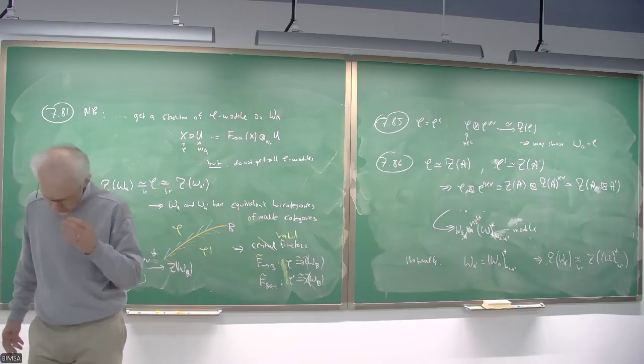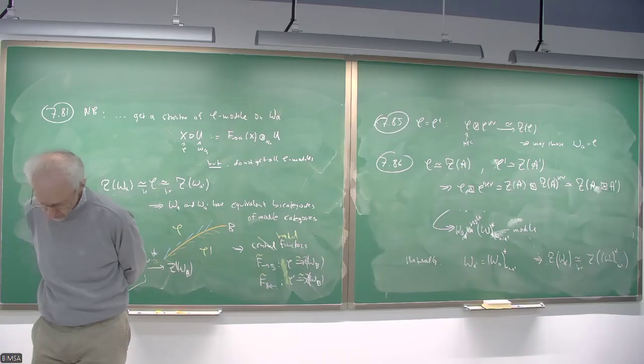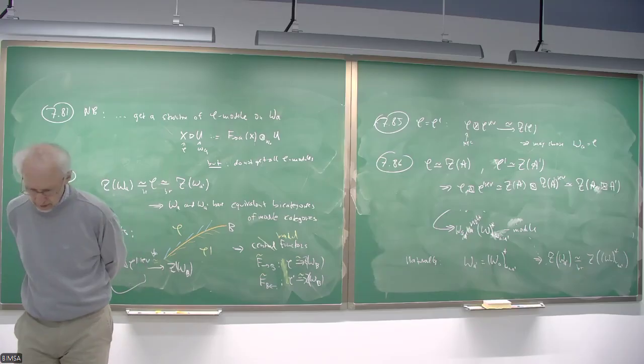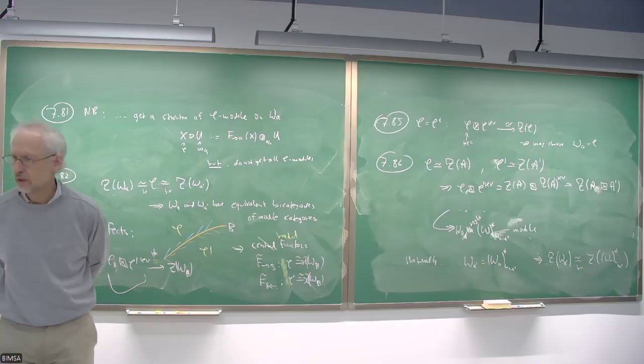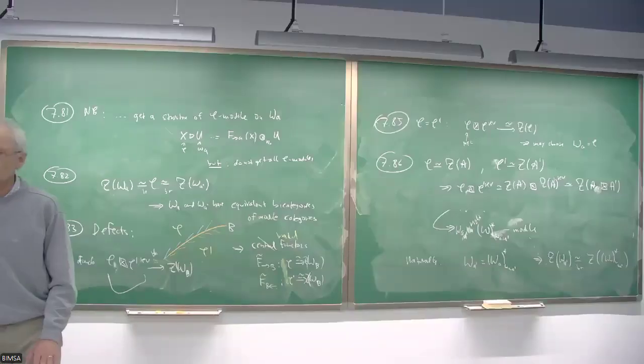And actually, there is a paper from two or three years ago where a description is given, and they use three-categorical tools for that. But I cannot say anything about it.